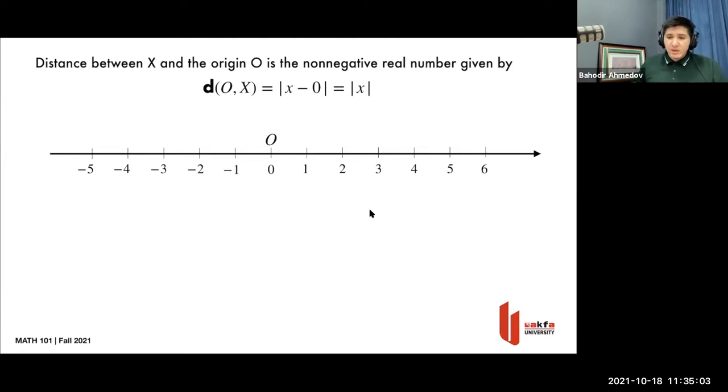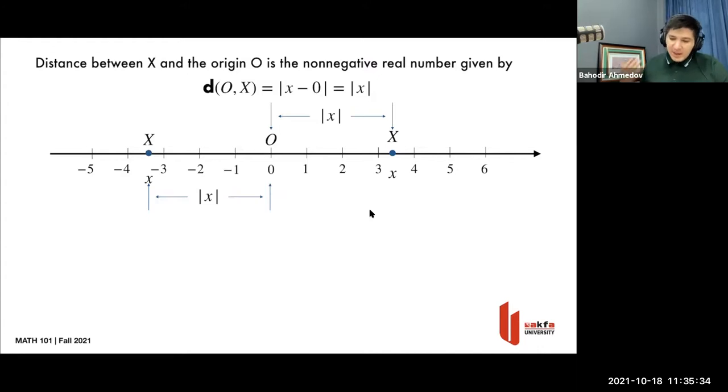Okay, so let's assume that you've got some point x on the number line. For example, this point x is further right than the origin. Then the distance between x and the origin is simply going to be the absolute value of x, right? And if your x is a number which is further left than the origin, then still the distance between x and the origin is going to be simply the absolute value of x.